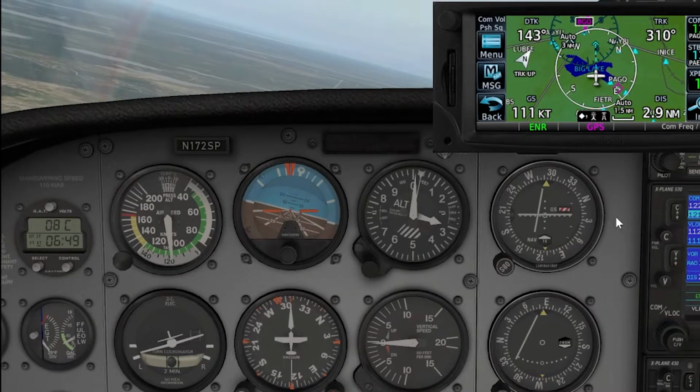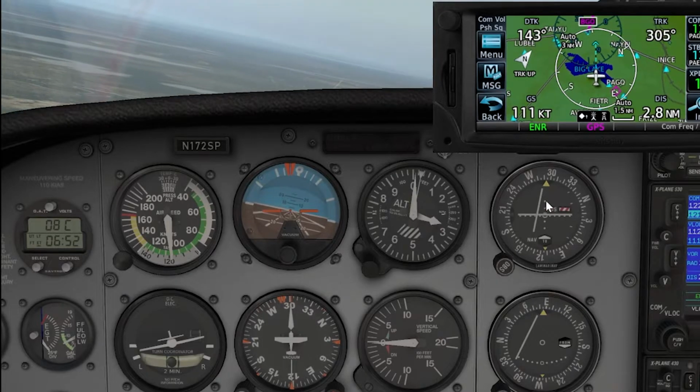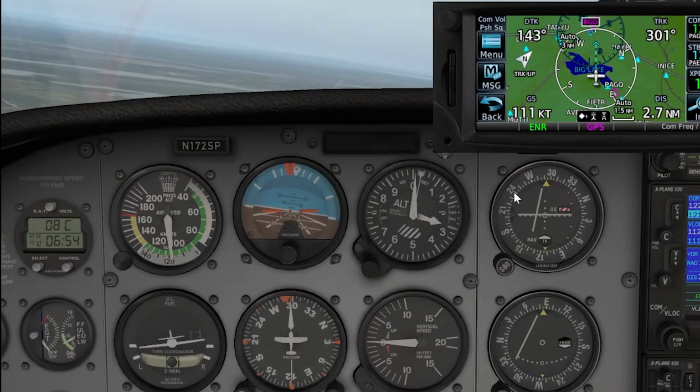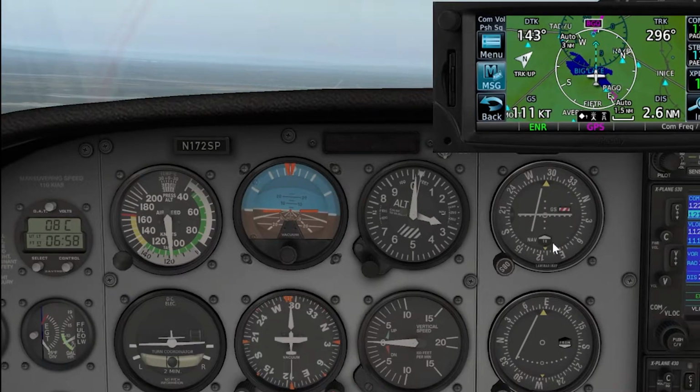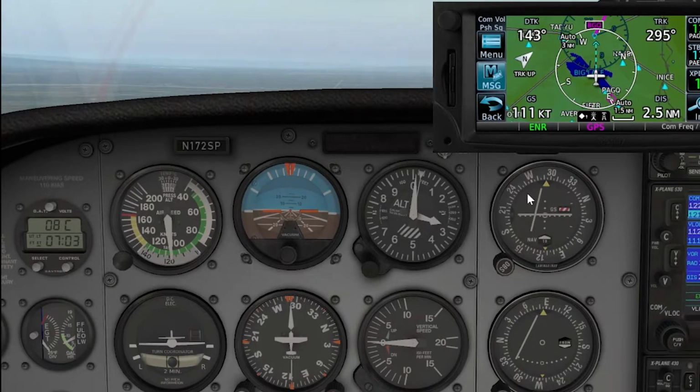Let's say ATC says standard turns, hold over the 240 radial, the Big Lake VOR. So again, flying to the VOR, standard turns.